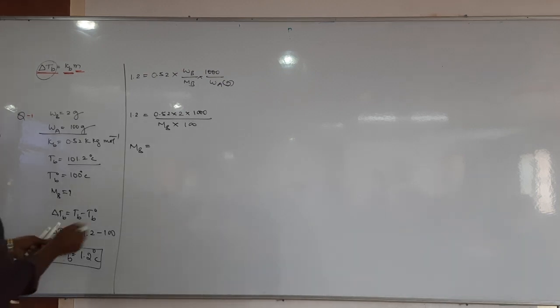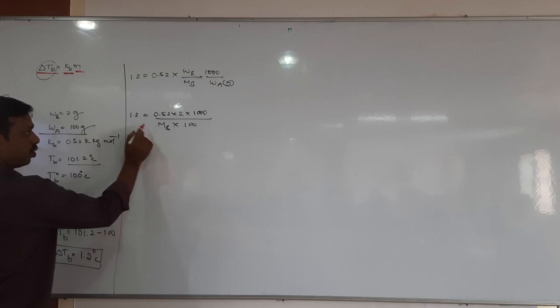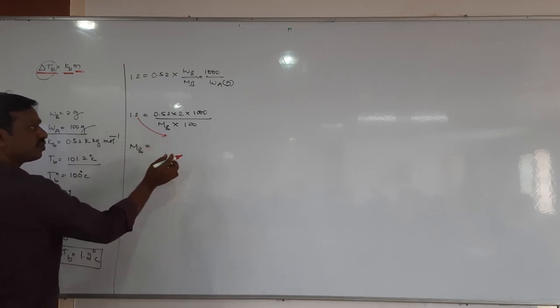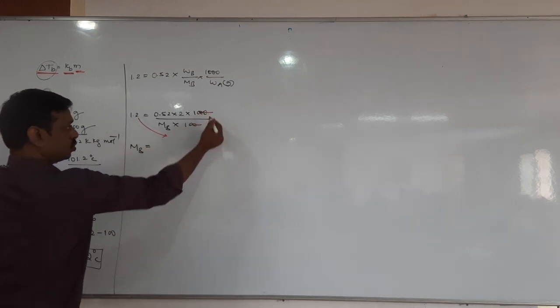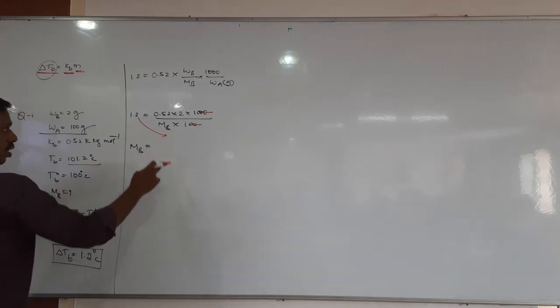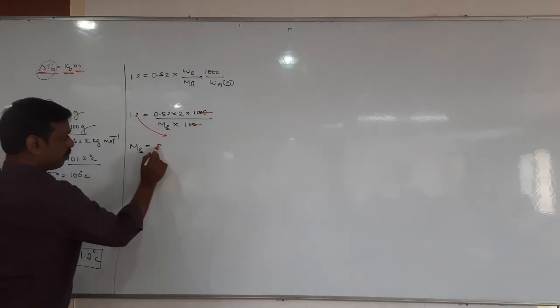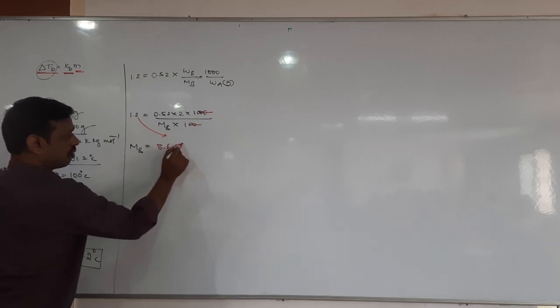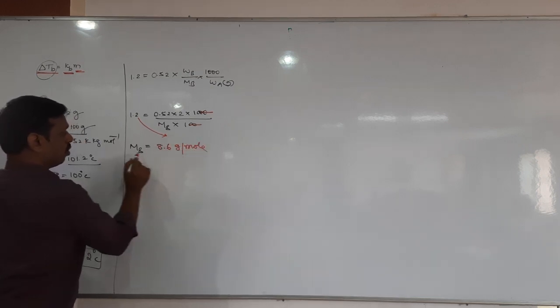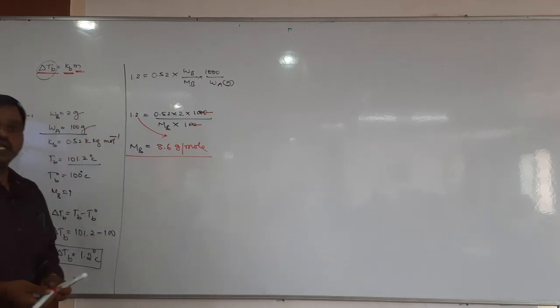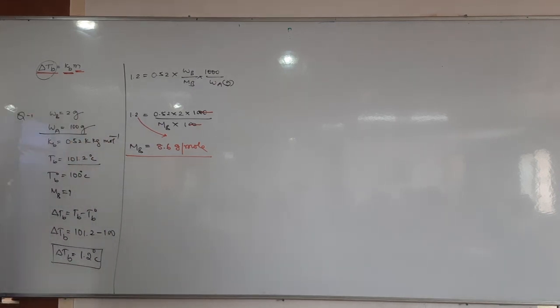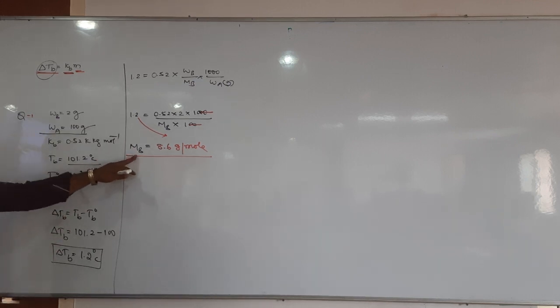So MB equals, you bring this here, 2 zeros, 2 zeros. Tell me, 8.6 grams per mole. Molar mass must be in grams per mole. So by giving data, they expect the molar mass. That is one kind of question.